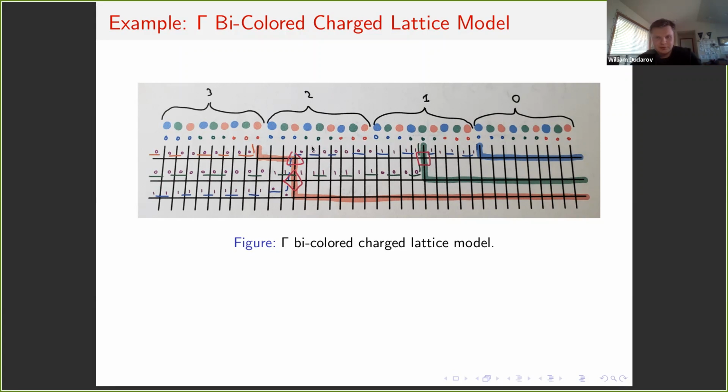And if you recall the admissible vertices that we had and their respective Boltzmann weights, all of the Boltzmann weights here are 1 except for the decorated vertices.